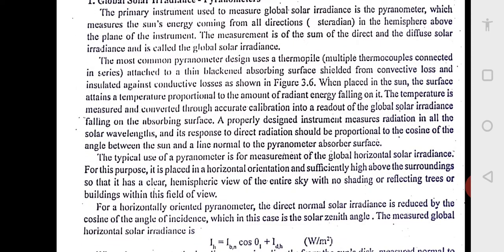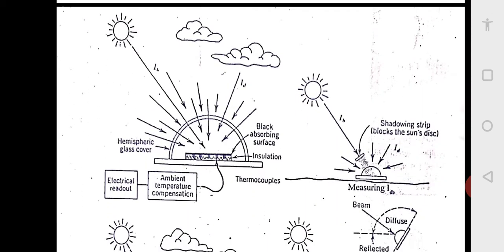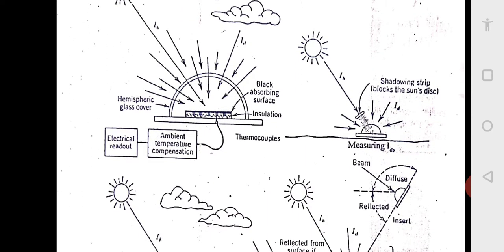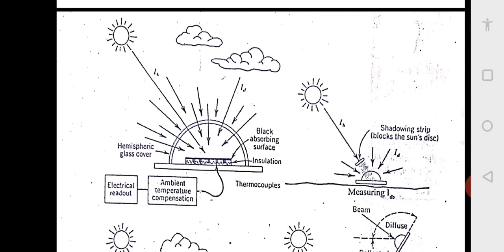The most common pyranometer design uses a thermopile. You can see the pyranometer. This is a sketch of the pyranometer. You have a left side top sun, then a hemispherical glass cover.